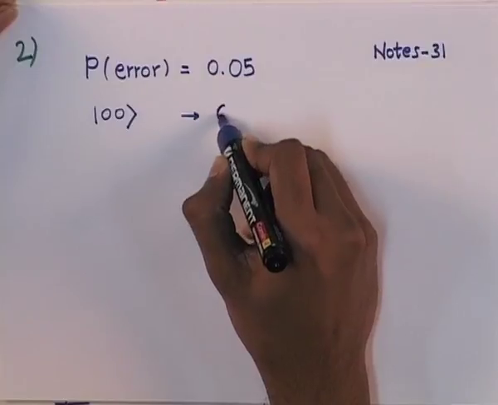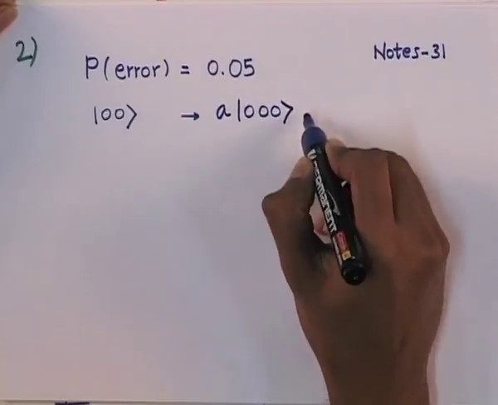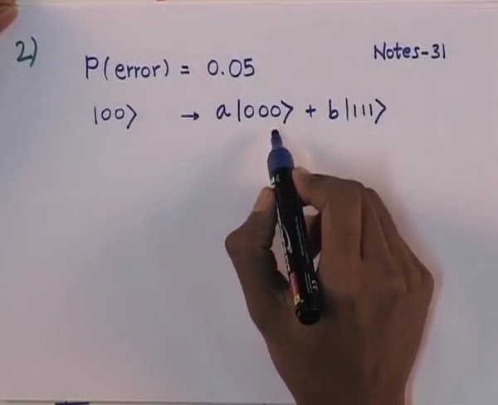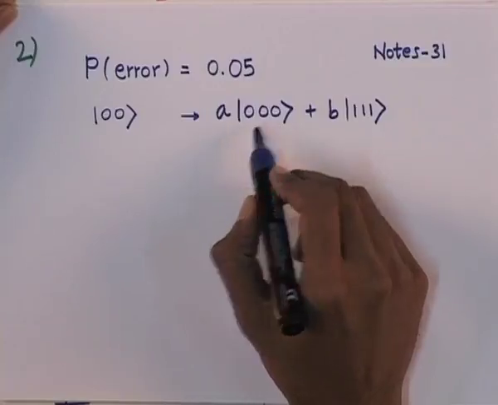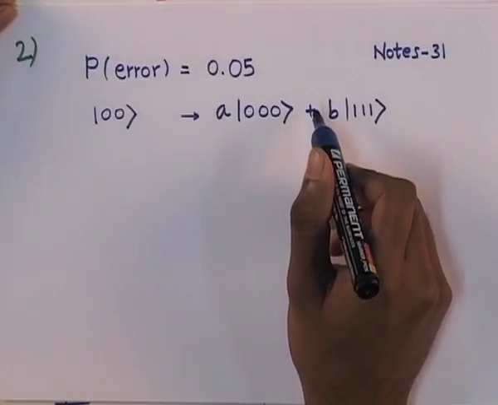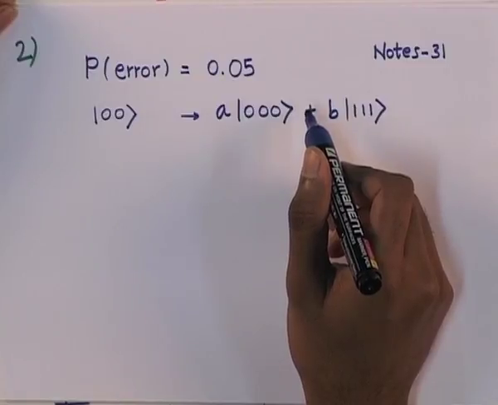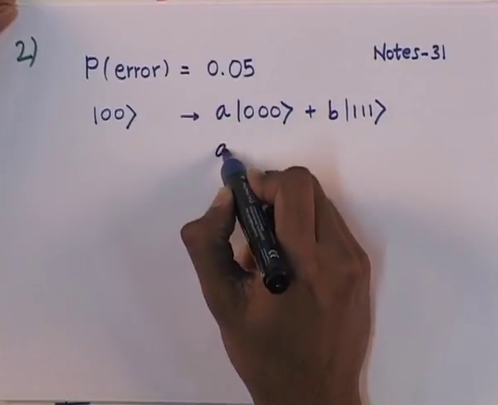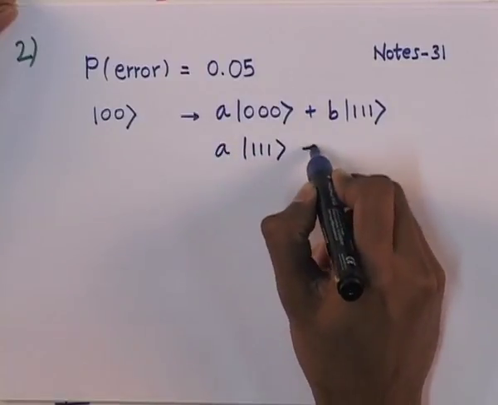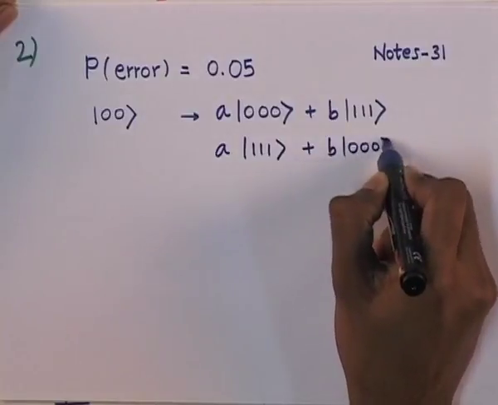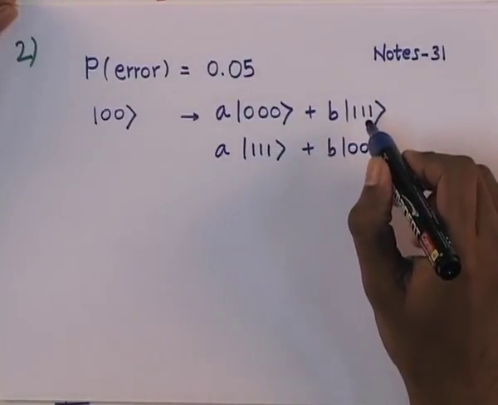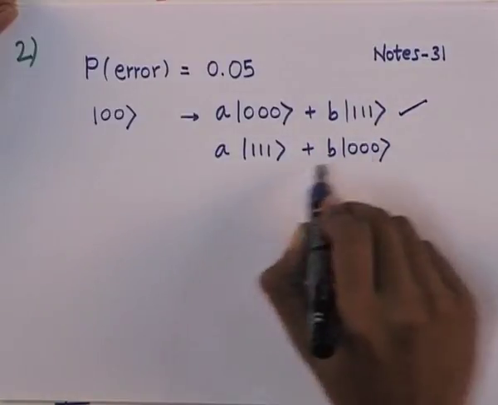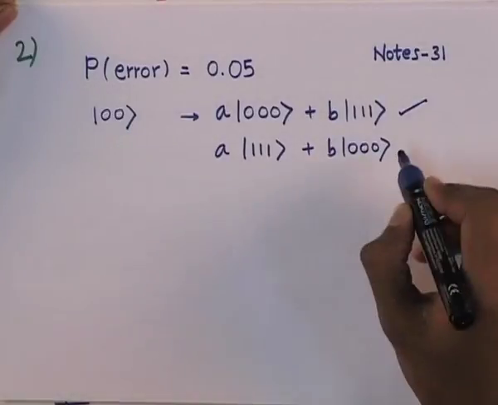either 0, 0, 0, or 1, 1, 1, the reverse. So the other state is this: this is an error-free state, and this is a state where every bit has an error in it.